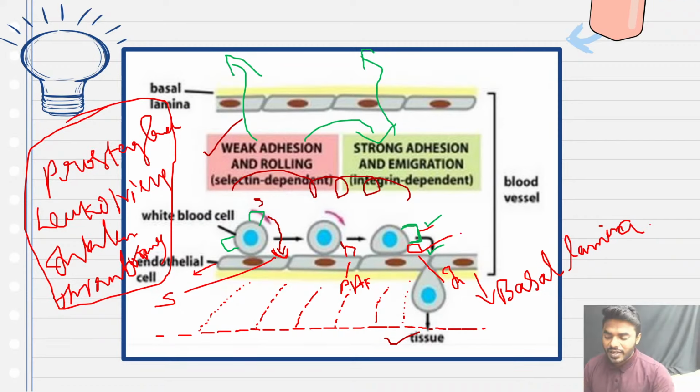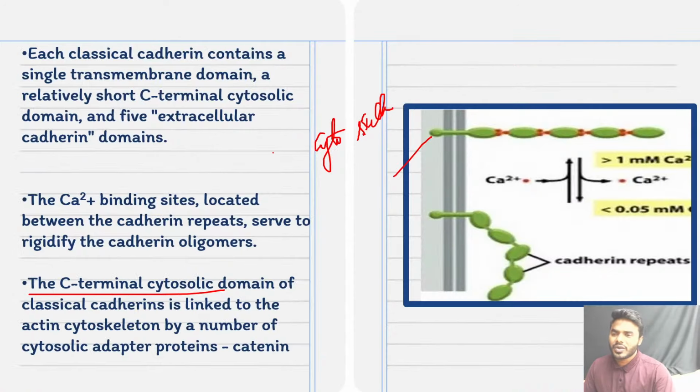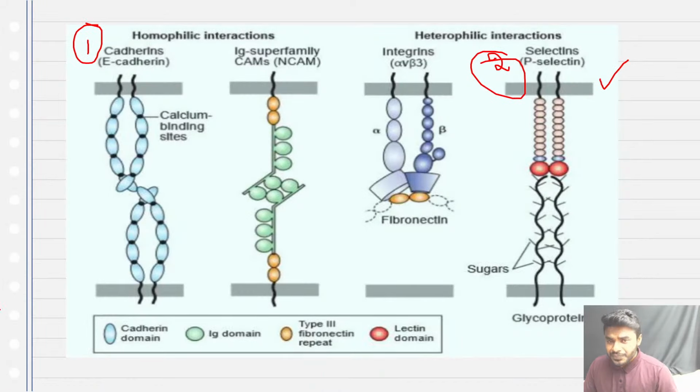Then, friends, a weaker interaction becomes a stronger interaction. Then the WBC stops moving and it can easily undergo the process of extravasation, enter into the damaged area and initiate the process of inflammation. This is how selectins play a key role in WBC migration during the process of inflammation. Kindly do not get confused with that.